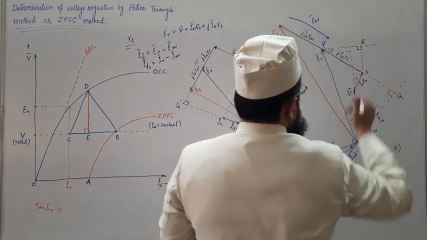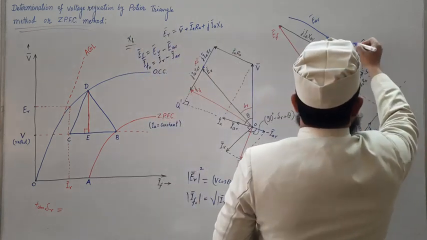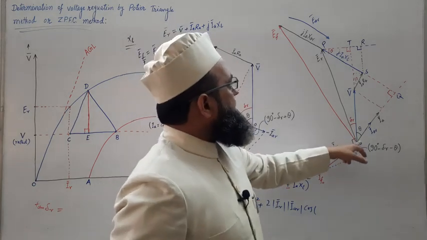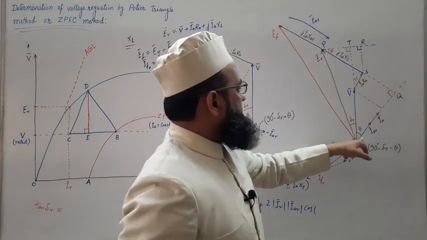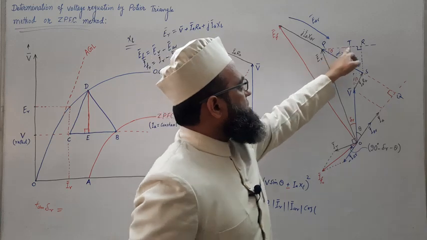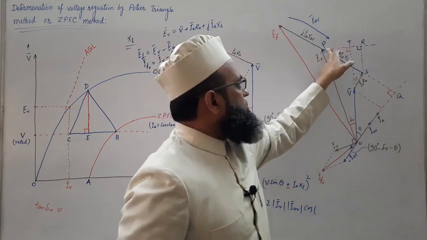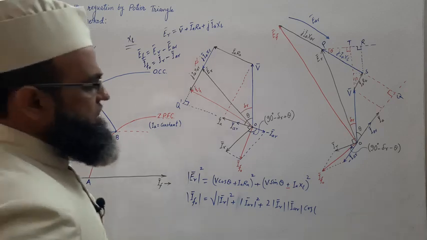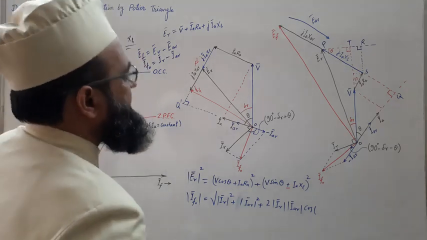So I am going to write T. Right angle triangle OPT. This is hypotenuse, this is perpendicular, this is base. So this perpendicular PT may be written as PR minus TR, and PR is IA XL cos theta.